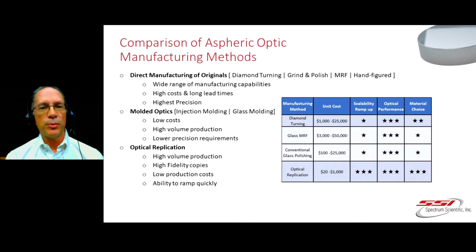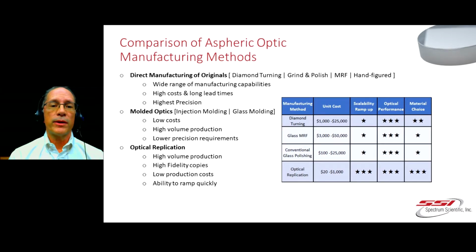Again, depending on the complexity of the mirror, making the originals, I call that original manufacturing, or the making of originals. If we go to the next column real quick, the scalability for diamond turning and glass MRF probably means buying a new machine.